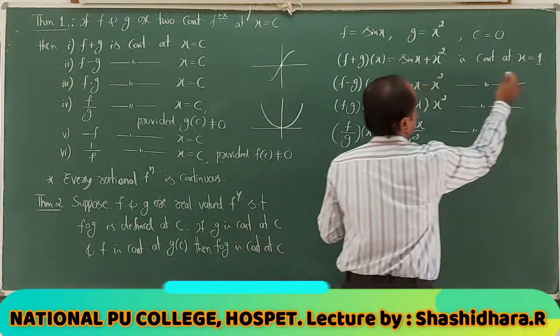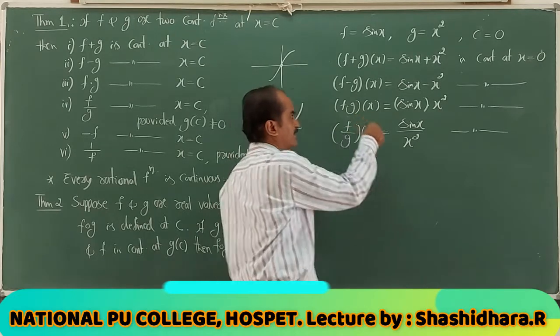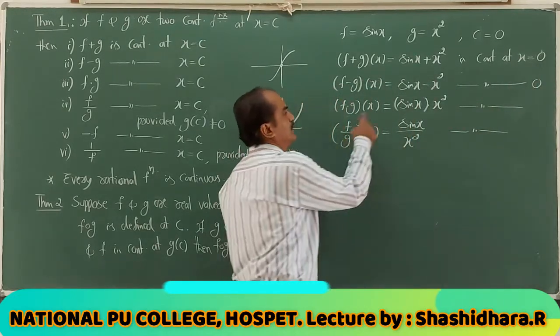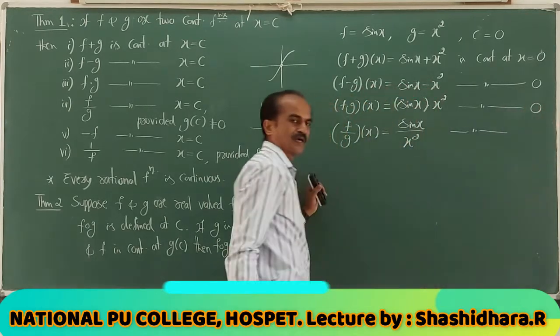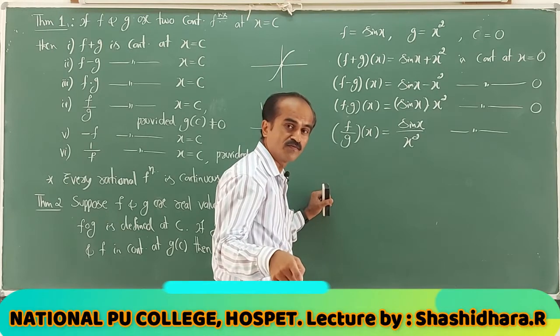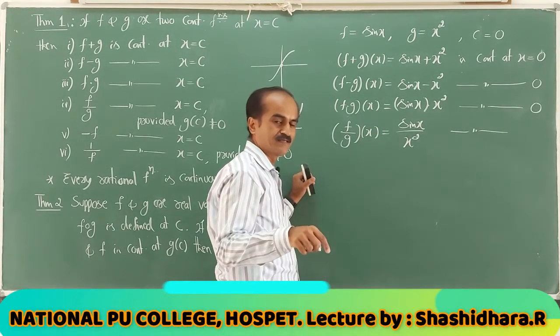Therefore their sum is continuous at x equal to 0. The difference of functions is continuous at x equal to 0. Their product of functions is continuous at x equal to 0. Now their quotient of functions, sin x by x square, is it continuous at 0?